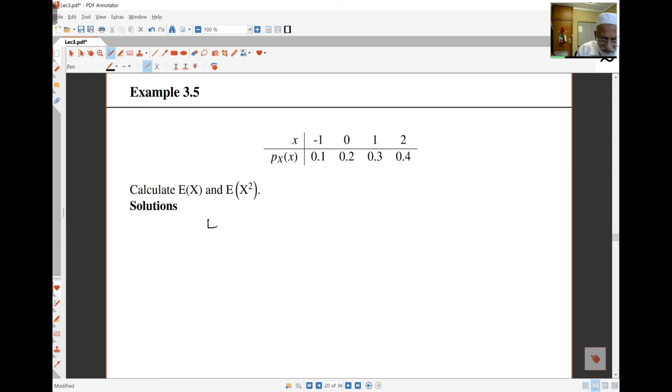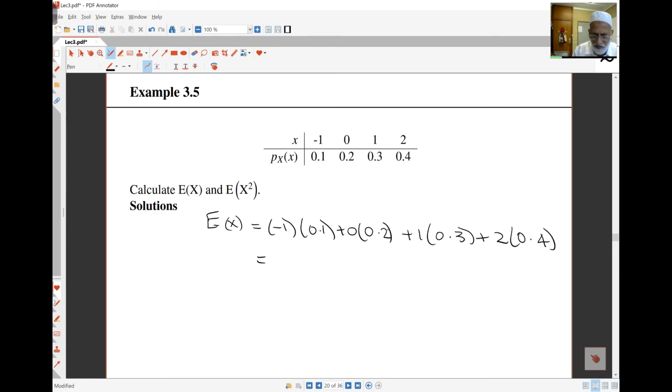So E of x comes down to -1 times 0.1, plus 0 times 0.2, plus 1 times 0.3 and plus 2 times 0.4.